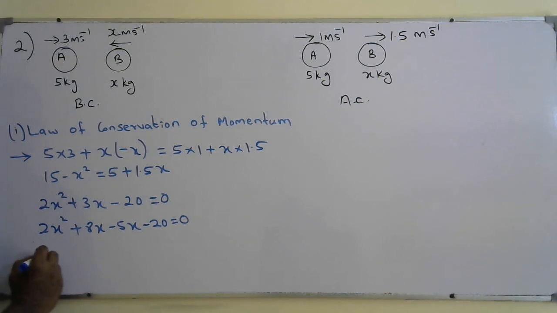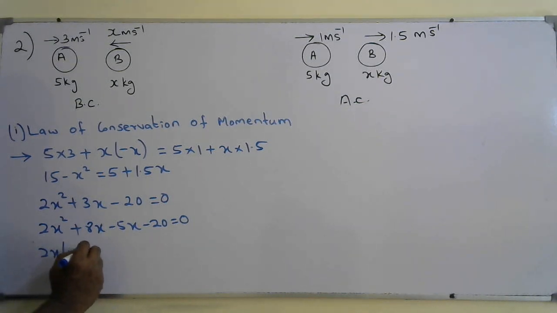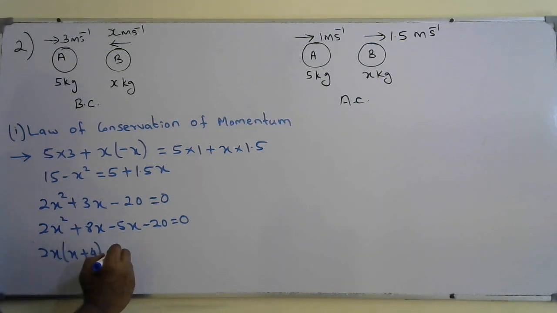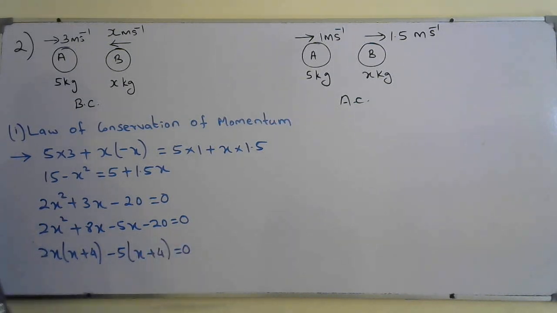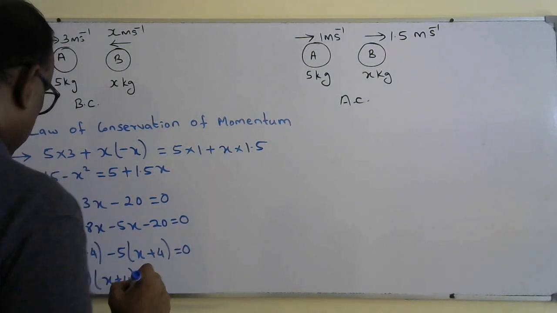So that's going to be 2x, x plus 4, minus 5, x plus 4 equal to 0. So it's going to be 2x minus 5, x plus 4 equal to 0. Anyway, you can solve it by using calculator. I'm just factorizing for no reason. So from this, 2x plus 5 equals 0.